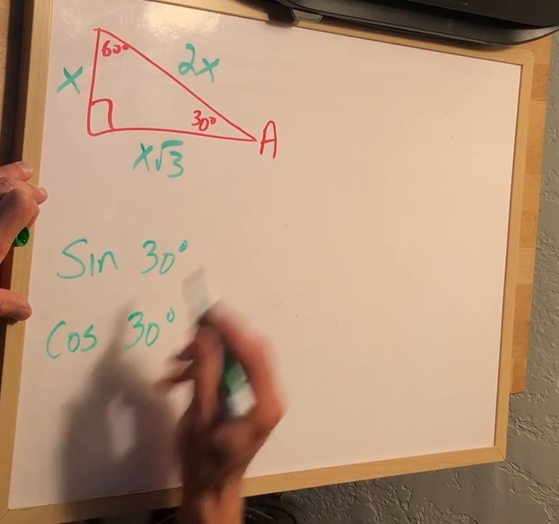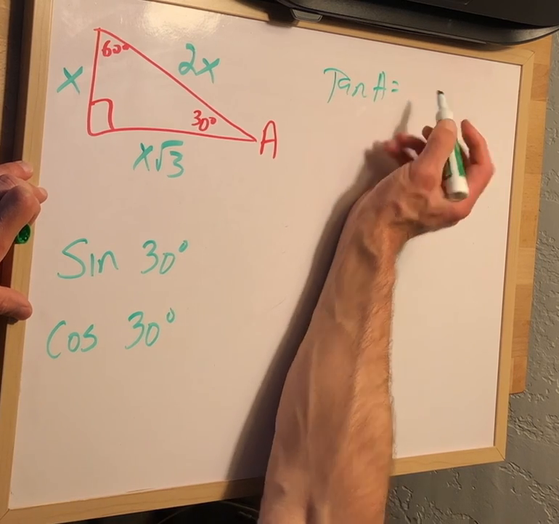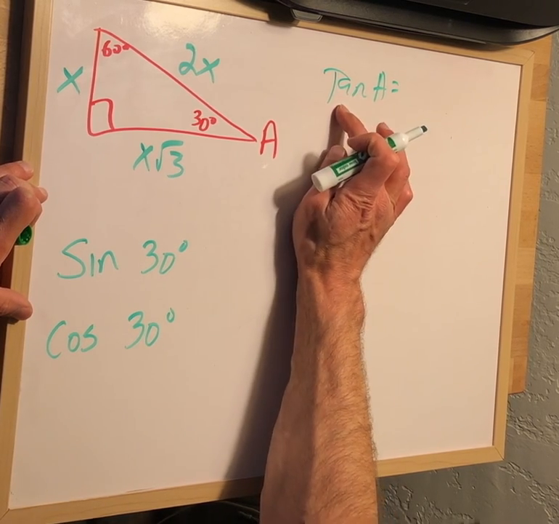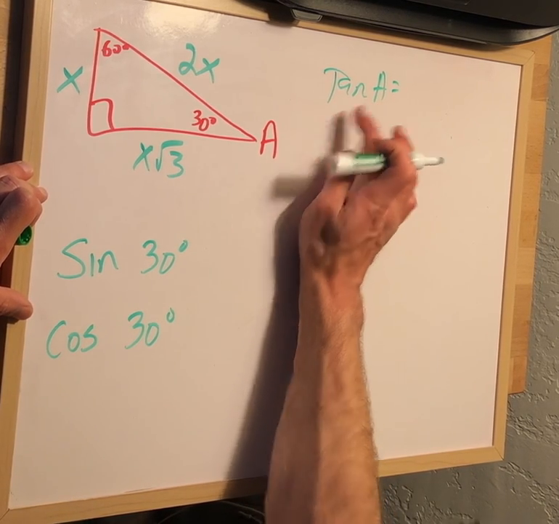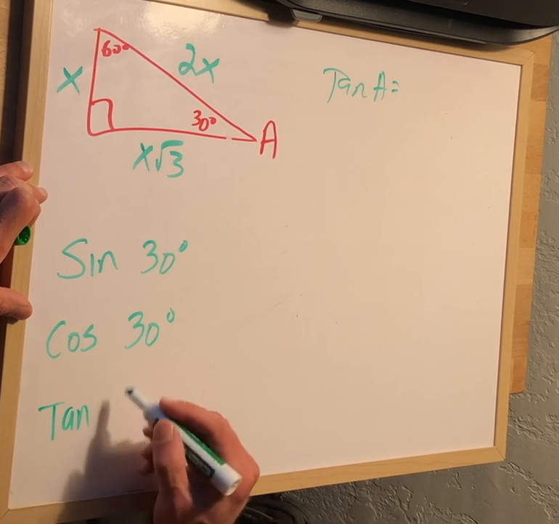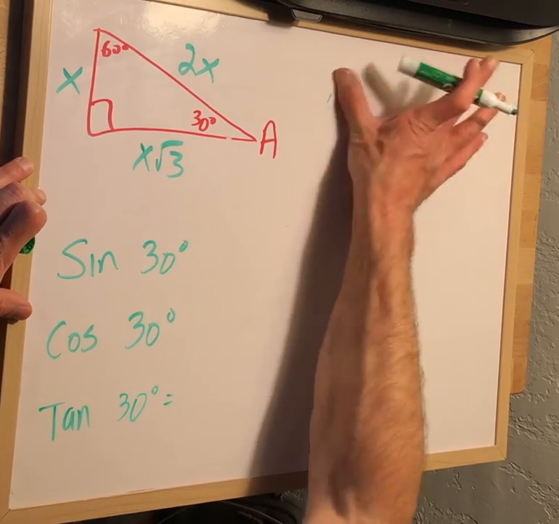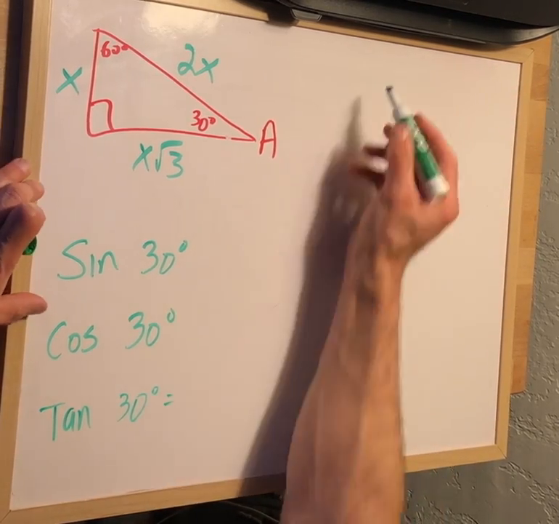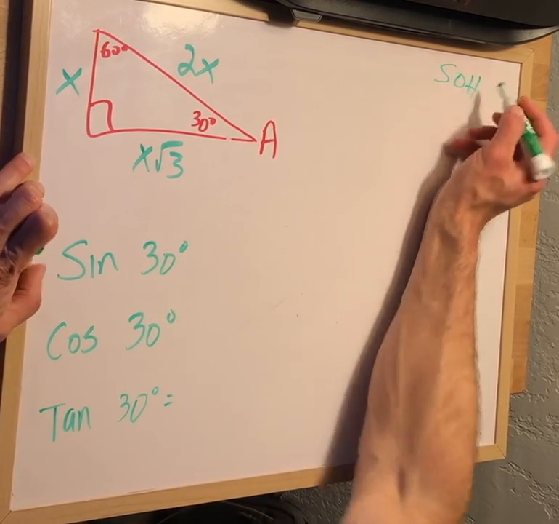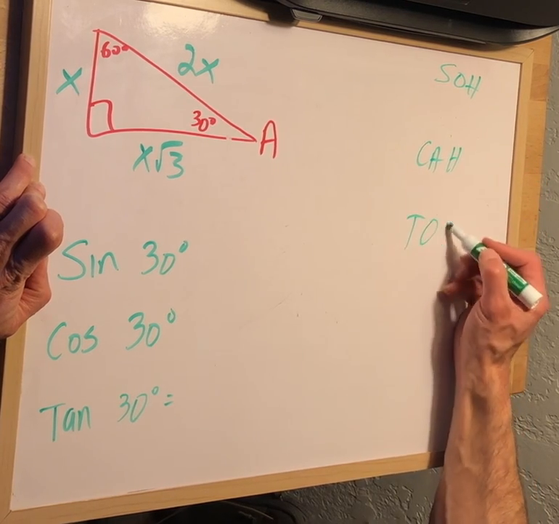What is tangent? Because in the notes I ask you, what is tangent of angle A equal to? Tangent of angle A is the same thing as, well, angle A is 30 degrees. So if I were to say, what is tangent of 30 degrees equal to? All right. Remember, SOH CAH TOA.